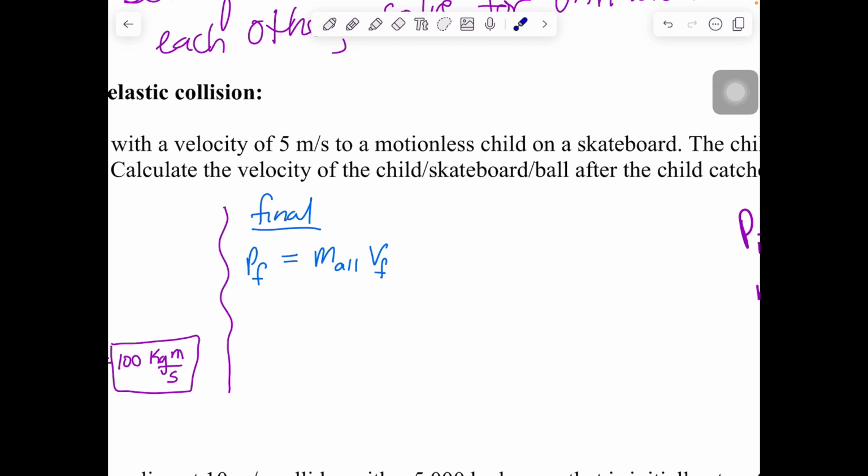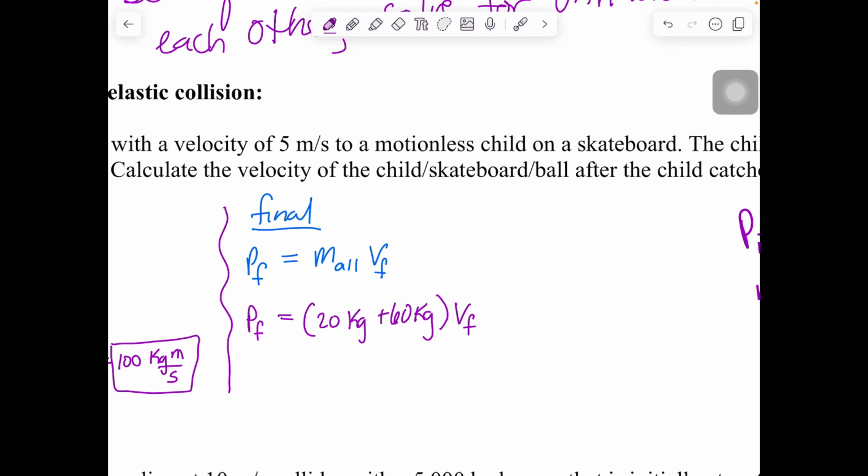So the mass of all of it, m times v, final velocity. So for P final, we're going to take the mass of everything, 20 kilograms plus 60 kilograms. And then we're solving for V final.